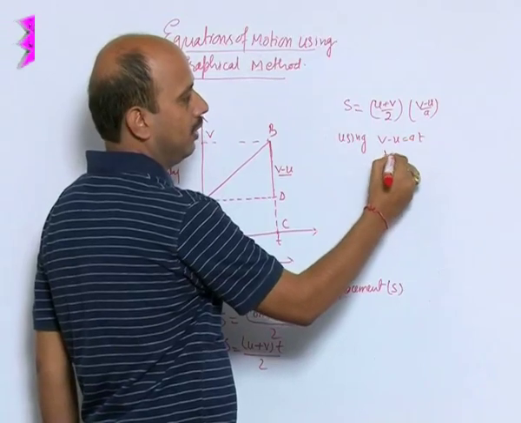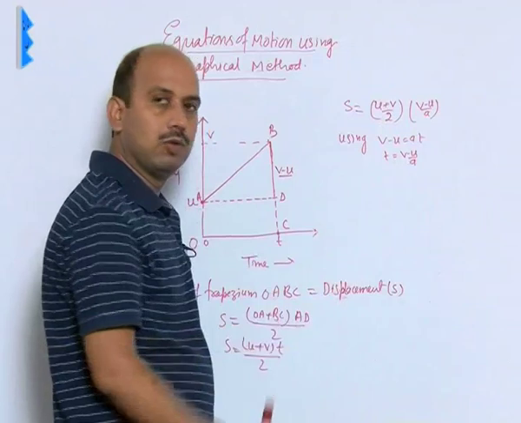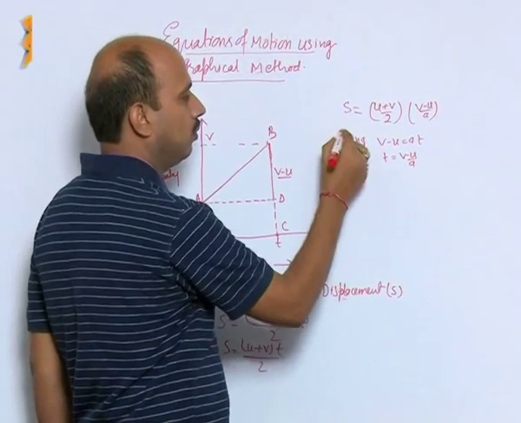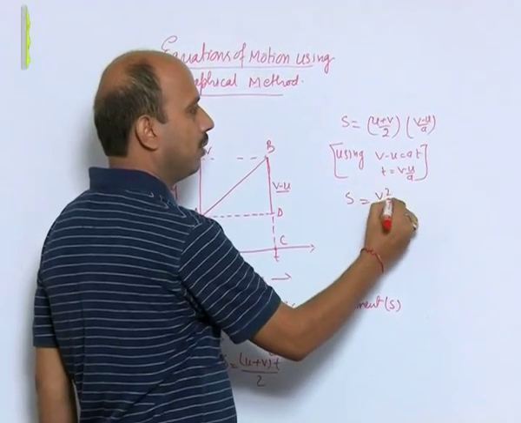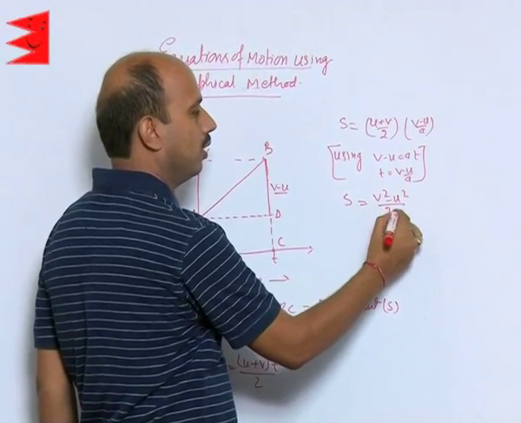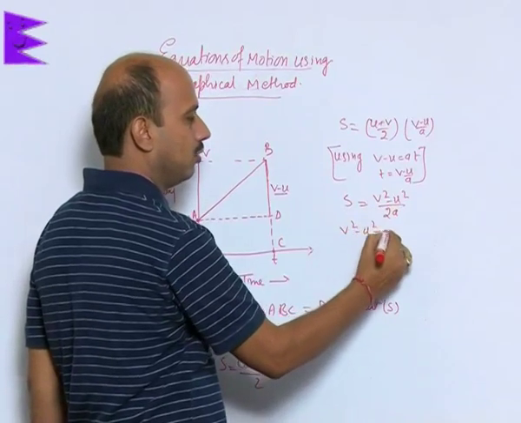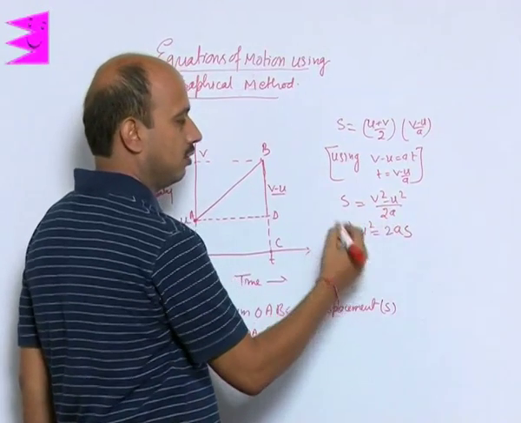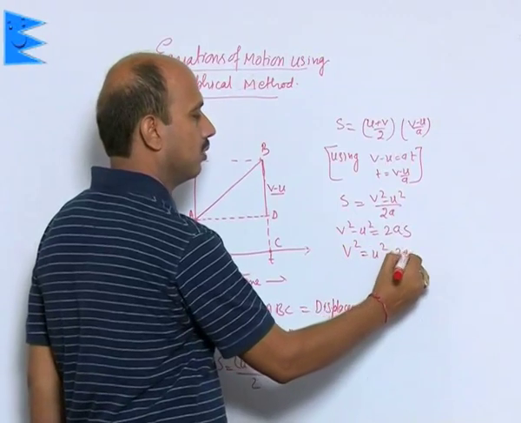So, we can write T is equal to V minus U by A. So, using this relation we can replace the value of T. Now, we will solve this. S is equal to V square minus U square upon 2A. So, we can write here V square minus U square is equal to 2AS, S is multiplied. So, V square is equal to U square plus 2AS.